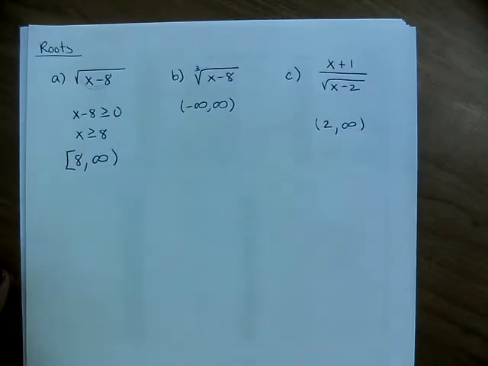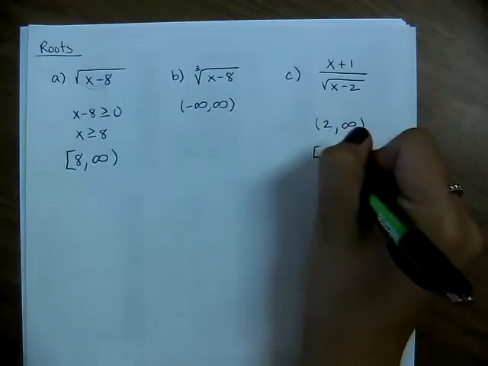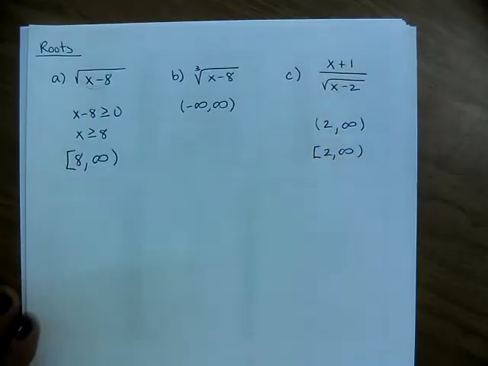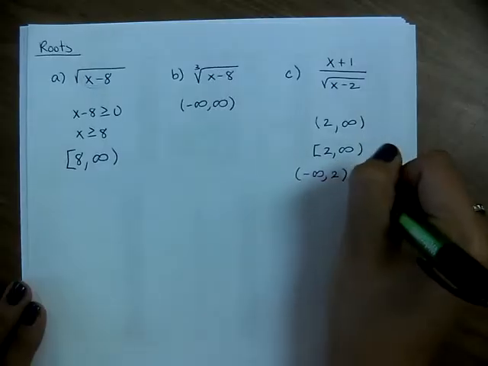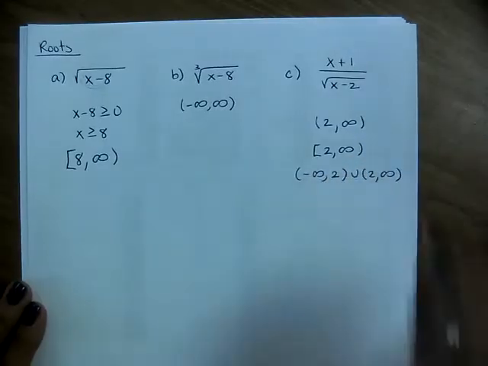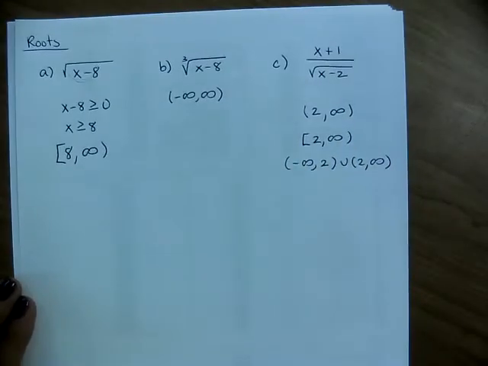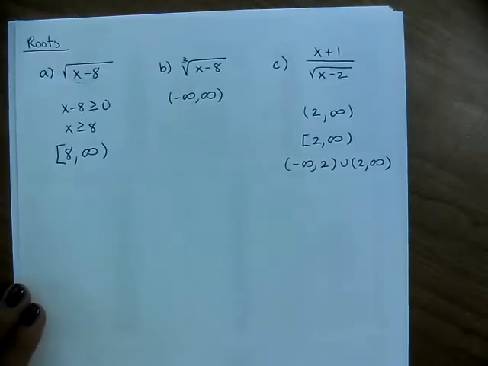Who came up with something different? Morgan. I got a bracket. Okay, so same thing but with a bracket. Okay. Who came up with something else? Anyone come up with this? Okay. Okay, so now we got to talk about which one is right.